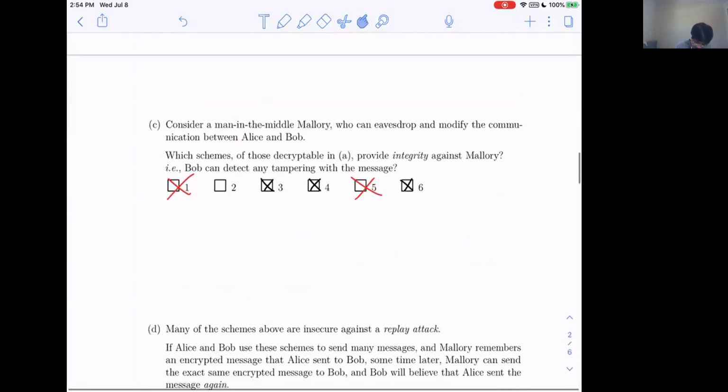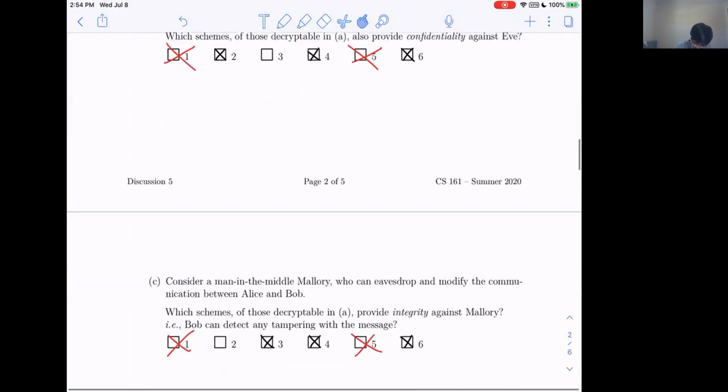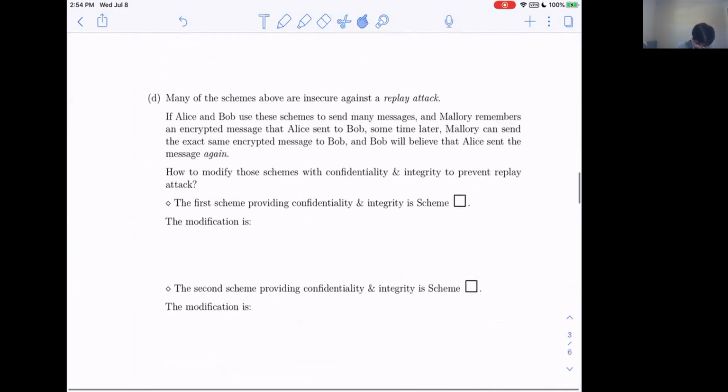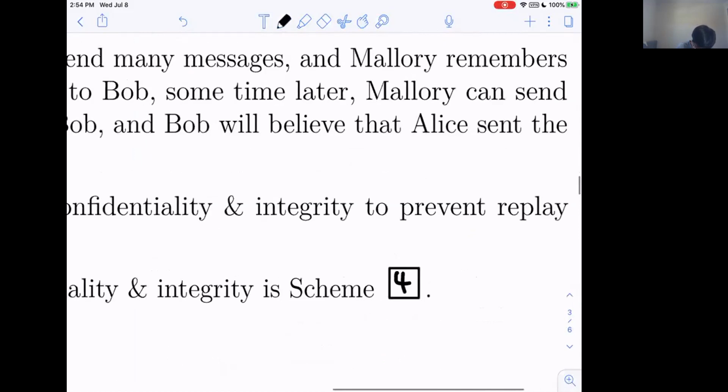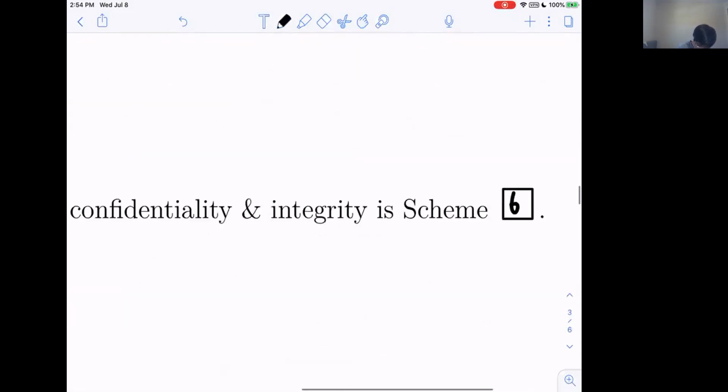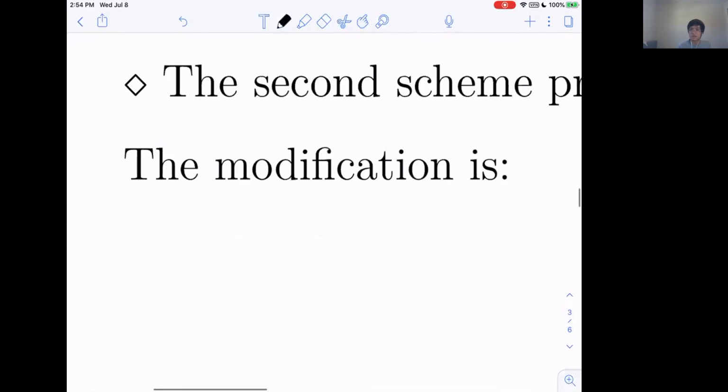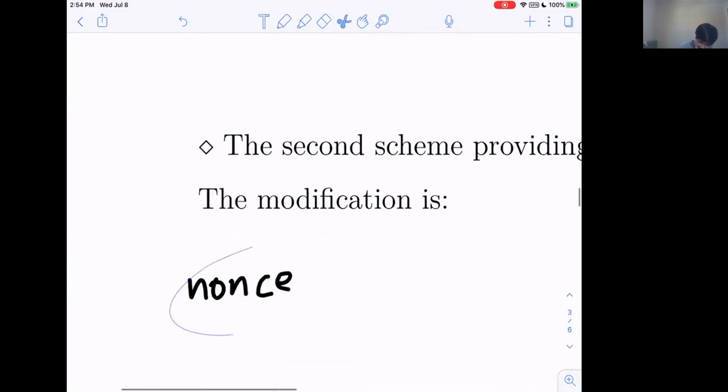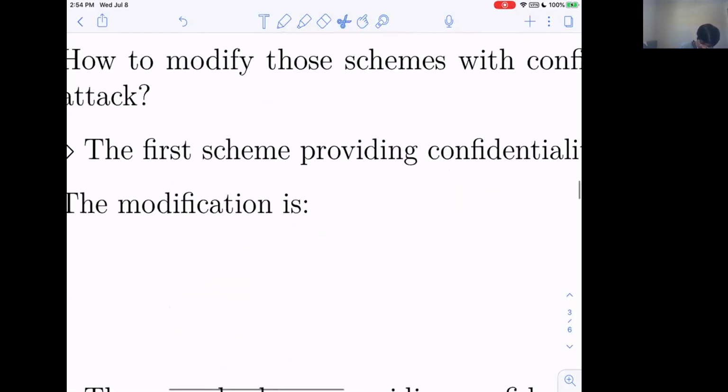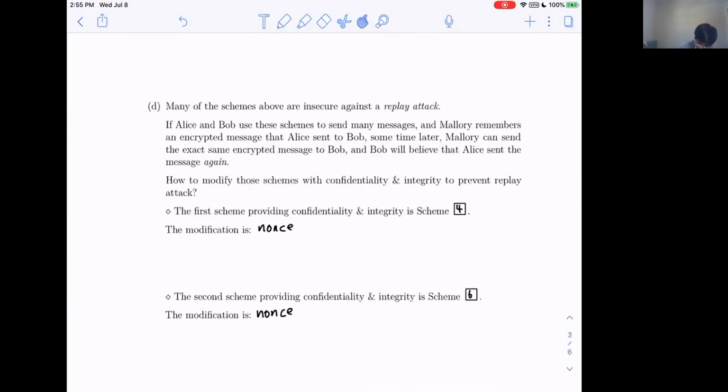Oh yes, the schemes providing both confidentiality and integrity are 4 and 6, and both of them include some modification. It's called a nonce because it's a number that we use once. So the modification is adding a nonce. Does this all make sense?